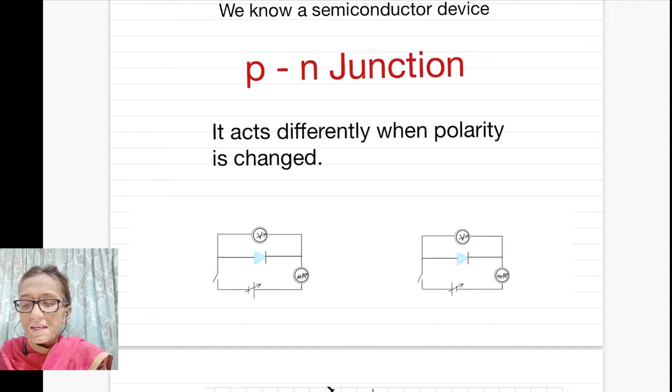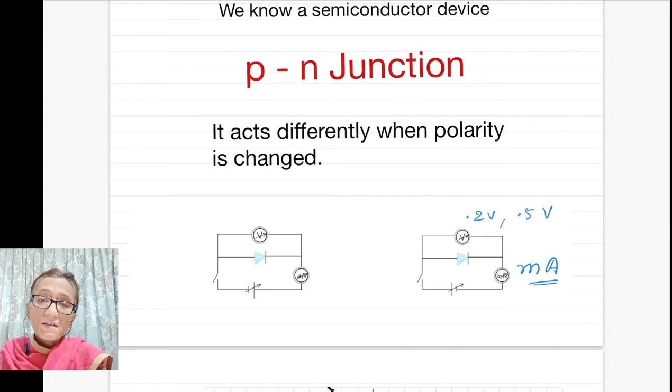In forward biasing, you have current of the order of milliampere. This current in milliampere is obtained on a very small voltage. You have to apply only 0.2 volt for germanium, or for a silicon PN junction, only 0.5 volt. So on very small voltage, you have a current of the order of milliampere.